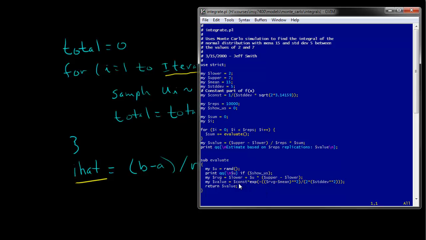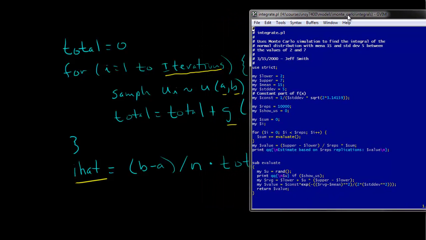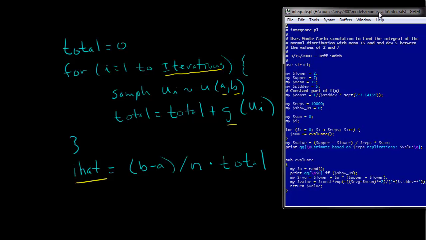And then here's where I apply what I called g in the handwritten slides, the function here. So I just take the constant part and then the exponent. So again, this looks like the normal distribution, and then return the value. So you can see that my Perl code just implements this same logic. It just does it slightly differently by creating this evaluate function.